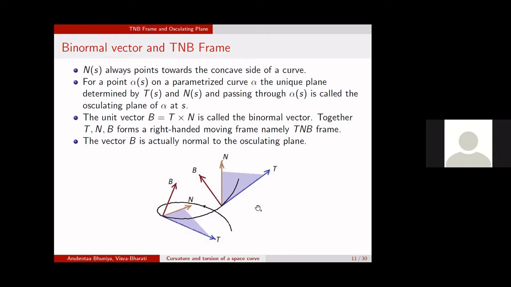It instantaneously contains the curve. The vector perpendicular to the osculating plane is called the binormal vector, and T, N and B together form a right-handed moving frame. So this moving frame we can use later on to define the canonical form of a curve.